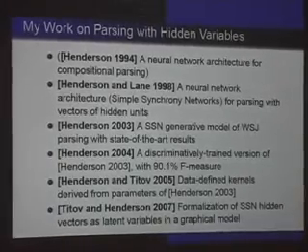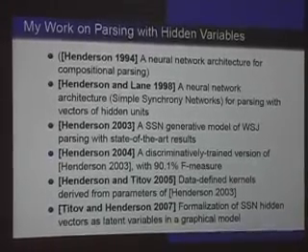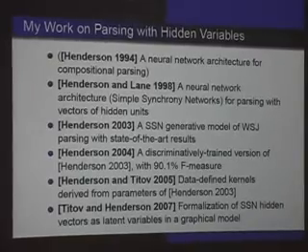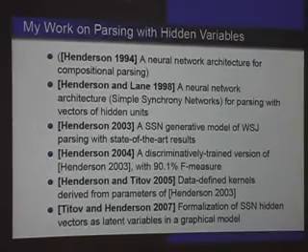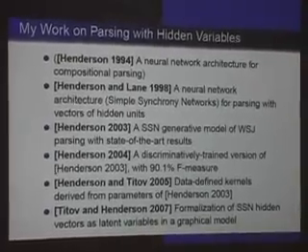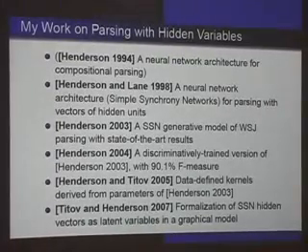So before I present the talk, I wanted to give you a kind of historical perspective on my work on using hidden variables in parsing. I did some earlier work on neural network parsing, looking at what kind of neural network architecture you needed to capture the generalizations appropriate for parsing.